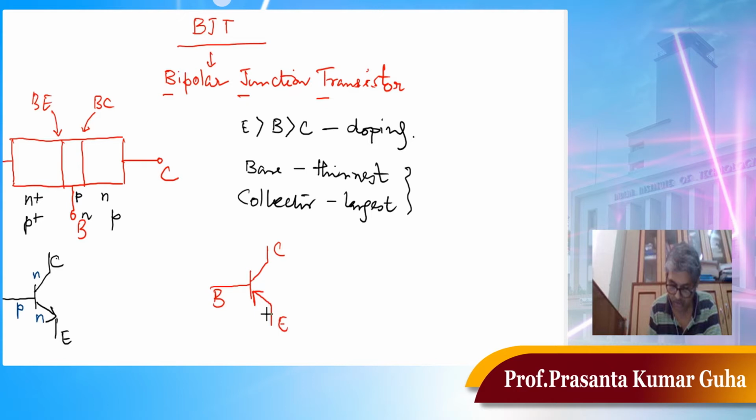So here in case of PNP transistor, N base is again sandwiched between emitter and collector, which is made of P-type semiconductor. Okay, and in case of PNP, the current is entering from the emitter side, whereas in case of NPN, current is coming out from the emitter side. Okay, so this part we have discussed in the last class.